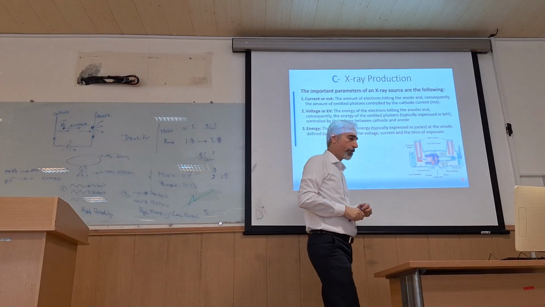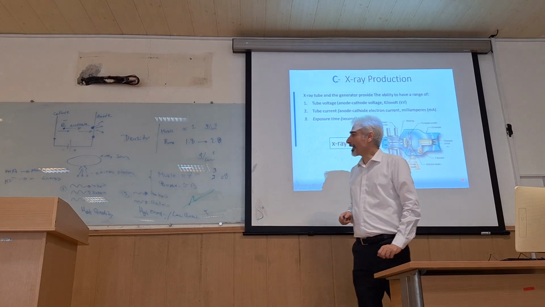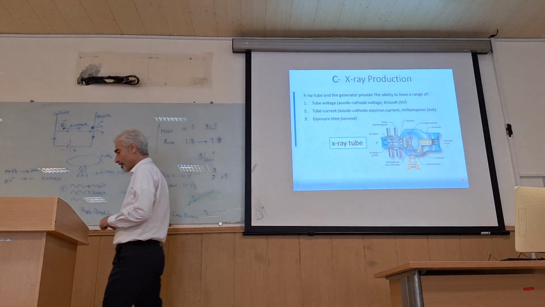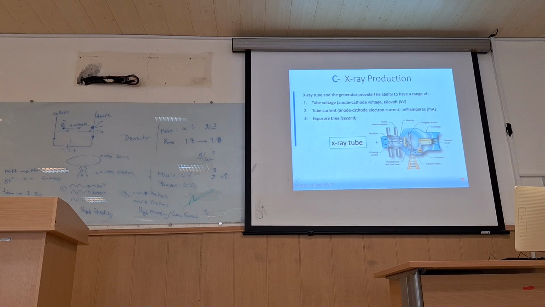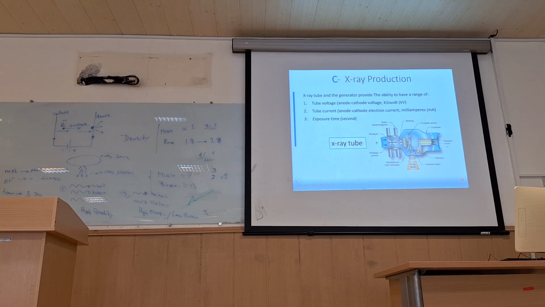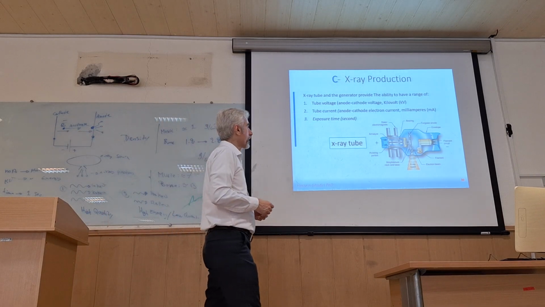And they should be adjusted. And the third item is time. For example, adjusted to 1 second. The duration of the imaging process is, for example, 1 second, 2 seconds, 0.5 second.